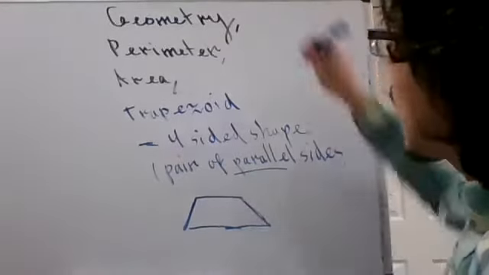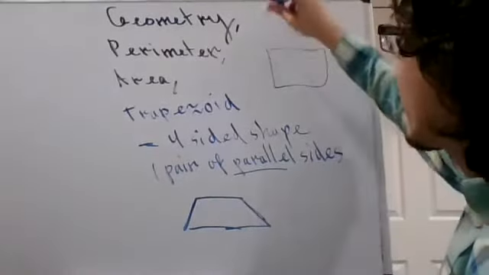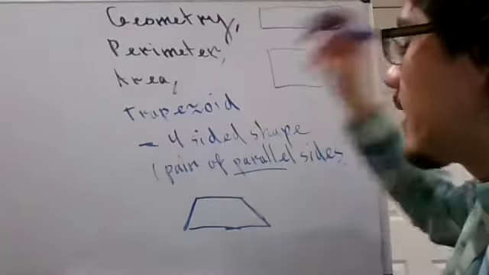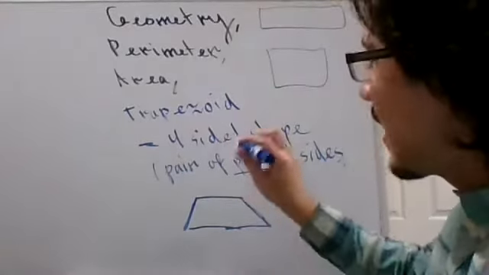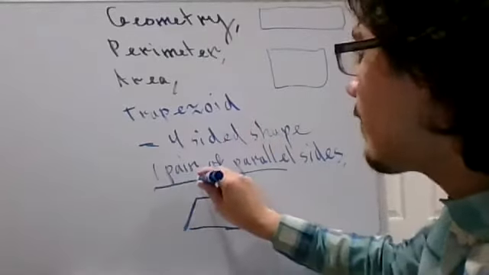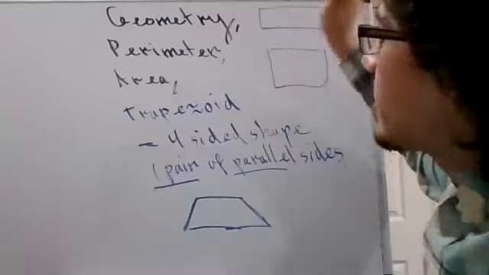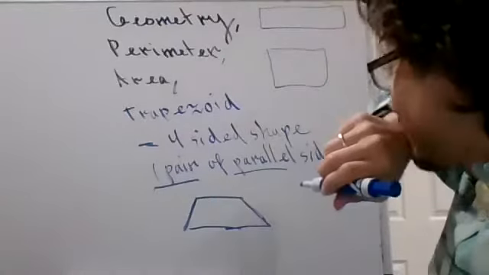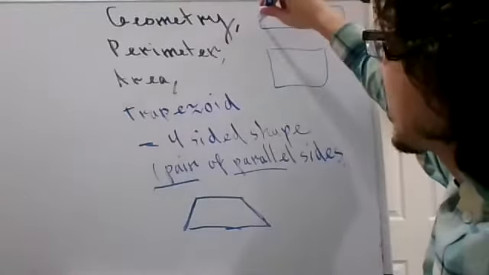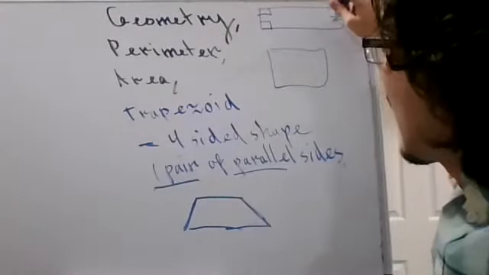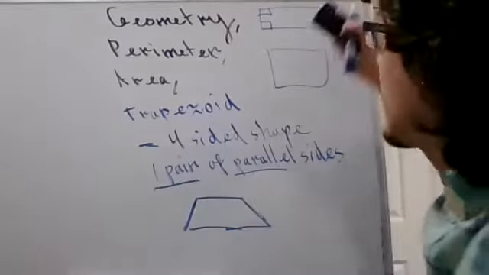Now I would like to note a square and a rectangle are not trapezoids, because while they are four-sided shapes, a trapezoid must only have one pair of parallel lines, and squares and rectangles each have two sets, because squares and rectangles must have all right angles, and each set of sides must be parallel.